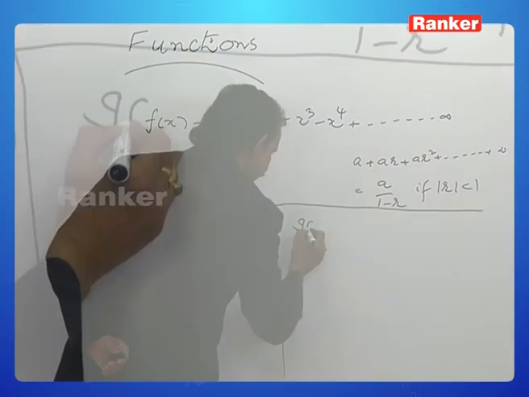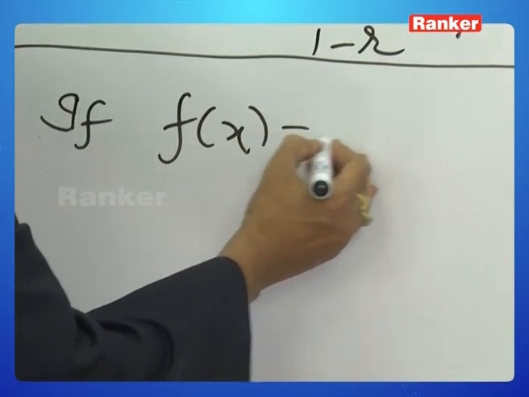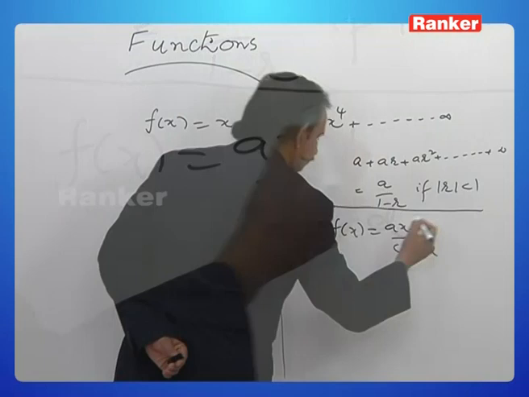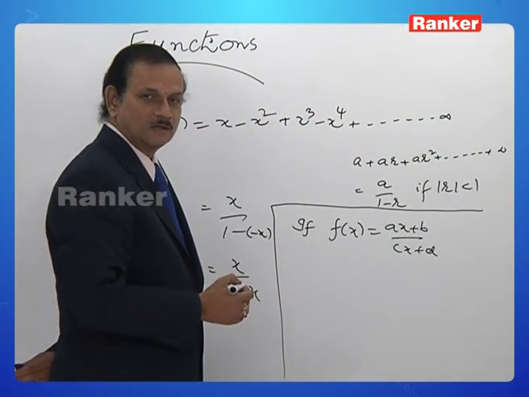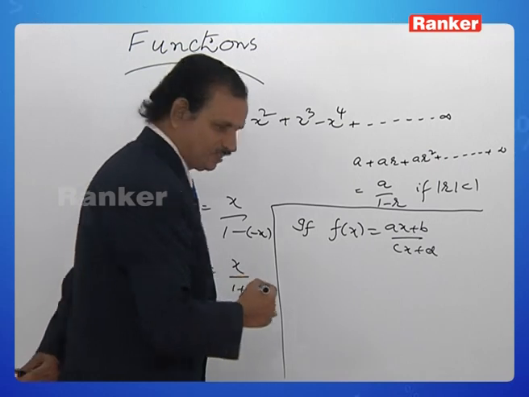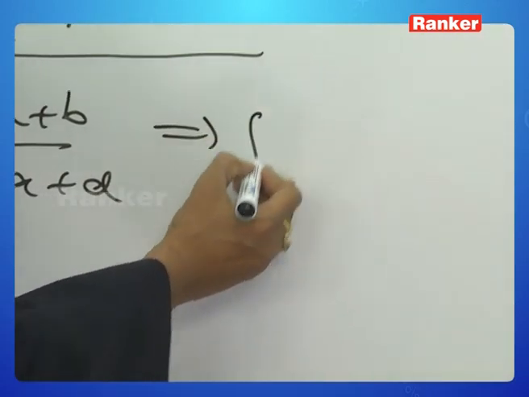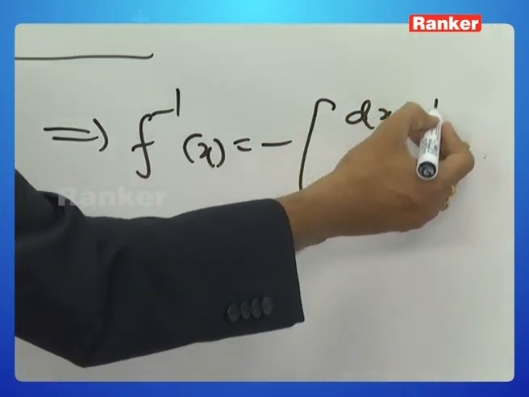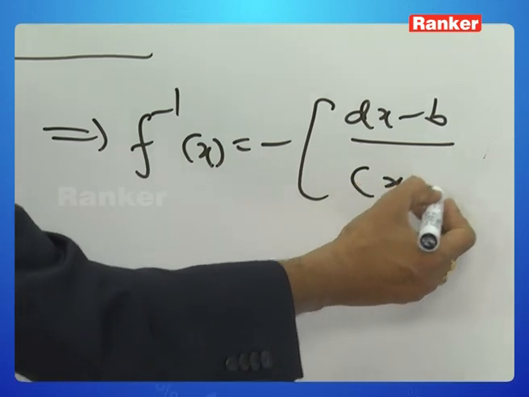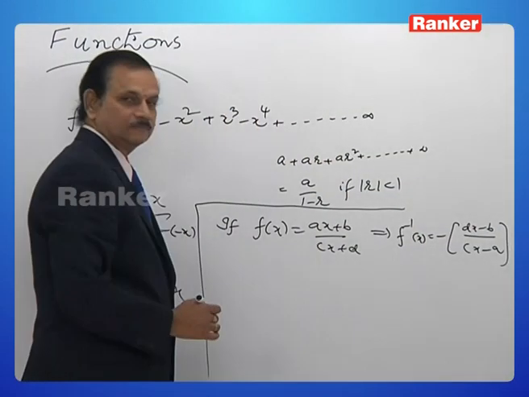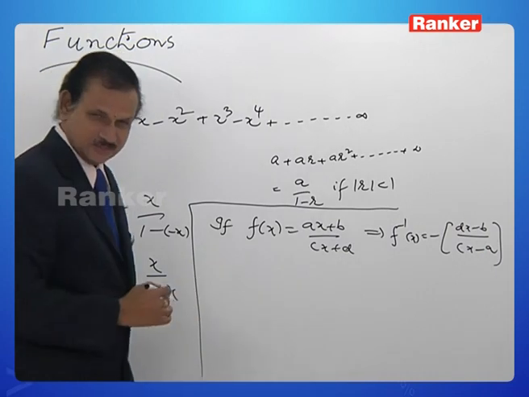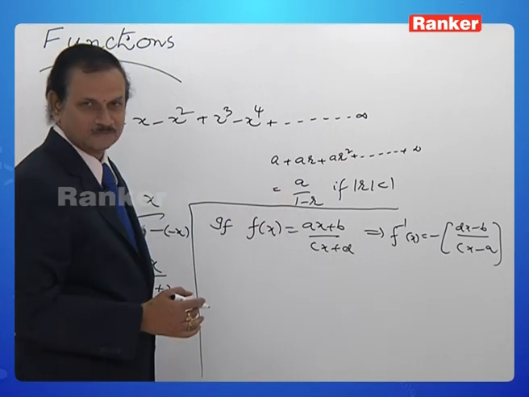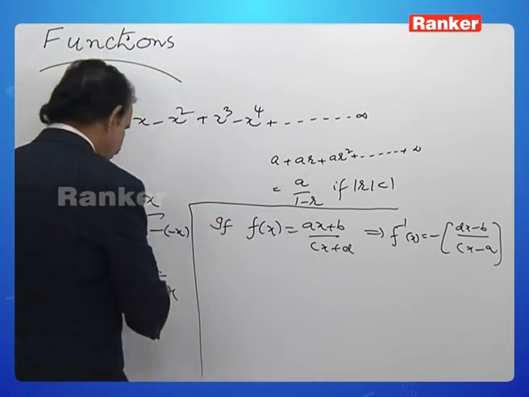If f of x is equal to ax plus b by cx plus d, and assuming that f inverse exists, then f inverse of x is equal to minus of dx minus b by cx minus a. From the direct procedure, we could have derived that one. Let us now use this here.